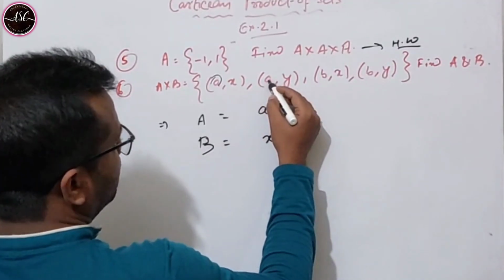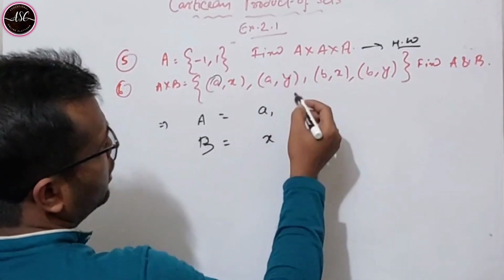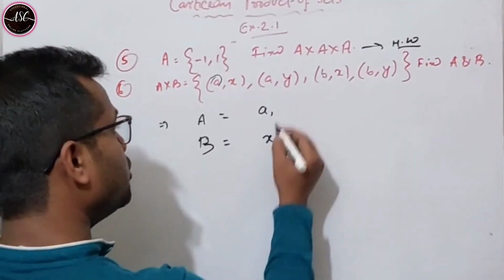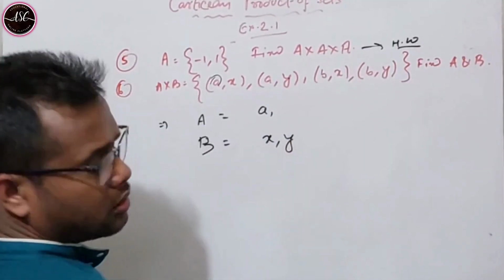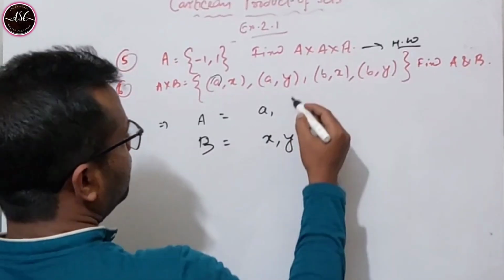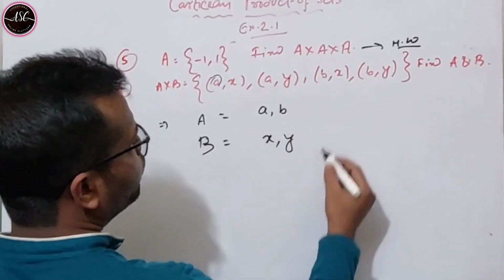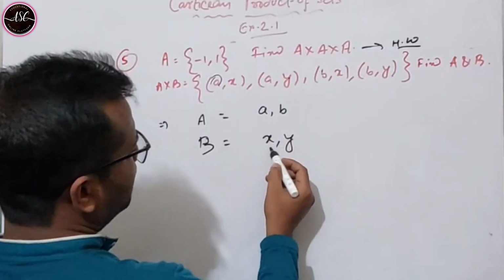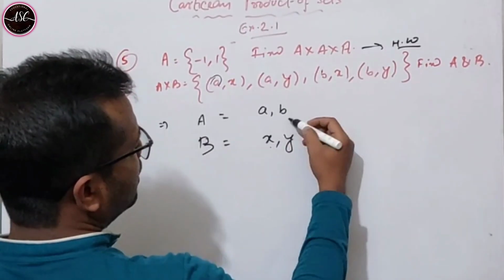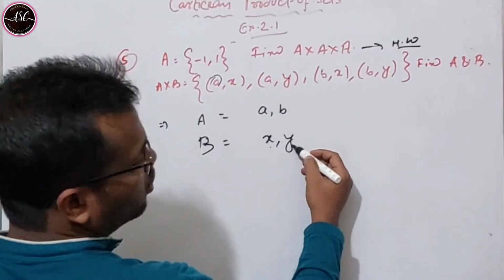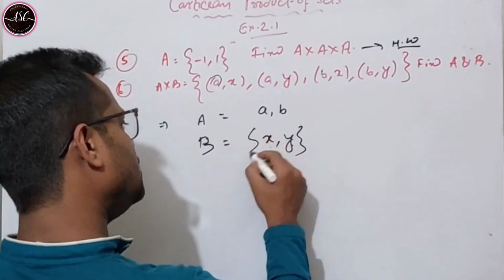Then the first element a is related to the second element of B, y. Then the second element of A is related to the first element of B, and the second element of A is related to the second element of B. So these are the sets.